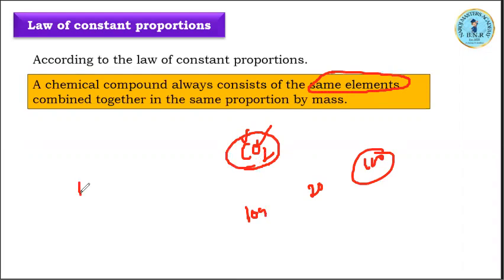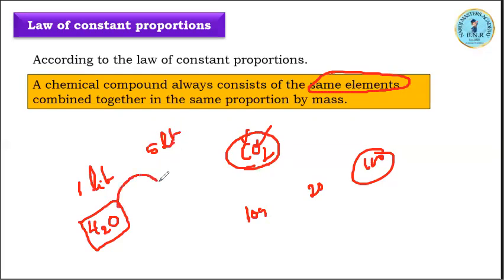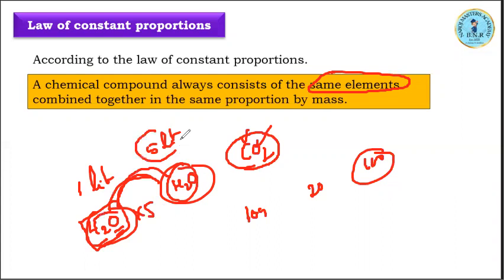If you take 1 liter of water, the proportion of hydrogen and oxygen is the same as in 5 liters of water. Not the same amount, but the same proportion. There is no change in the proportion of their masses. If you multiply the masses of hydrogen and oxygen present here by 5, it gives 5 times the amount of water.